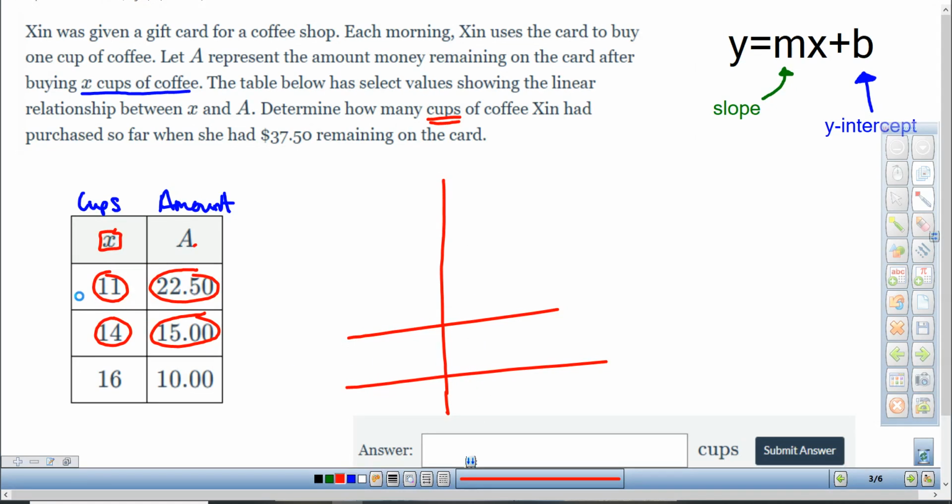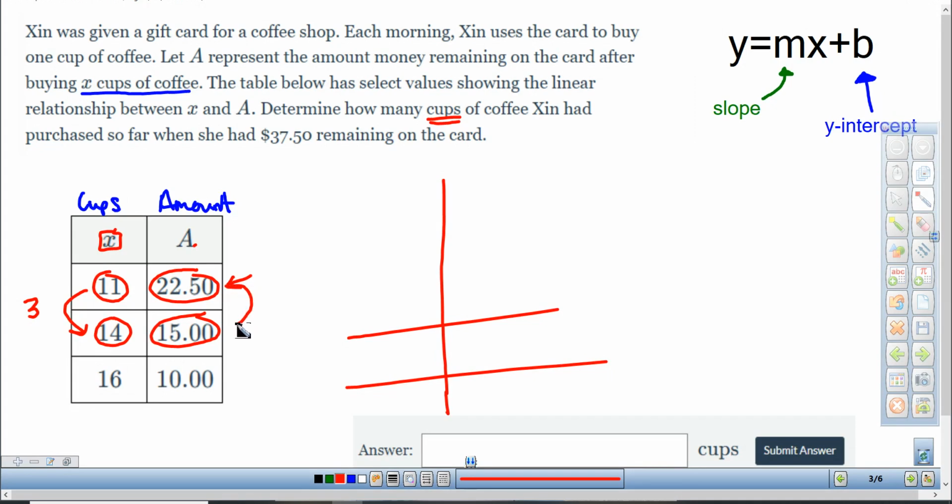So, for instance, I can see that when Sheen had purchased 11 cups of coffee, this was the remaining amount. Well, now Sheen has purchased how many more cups of coffee? Well, 3. That's 3 cups of coffee. And the amount here went from $22.50 down to $15.